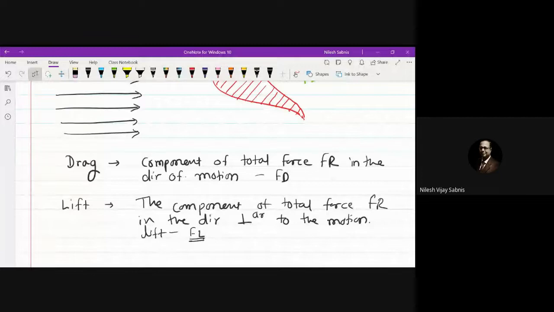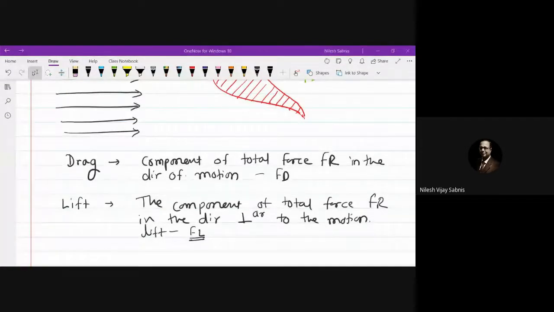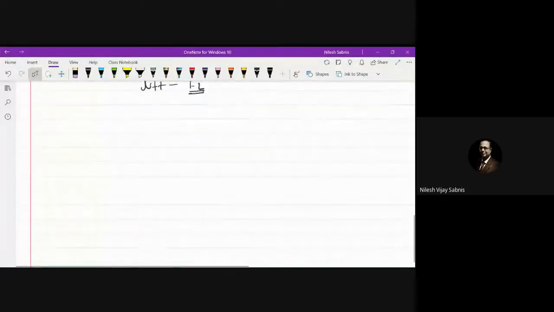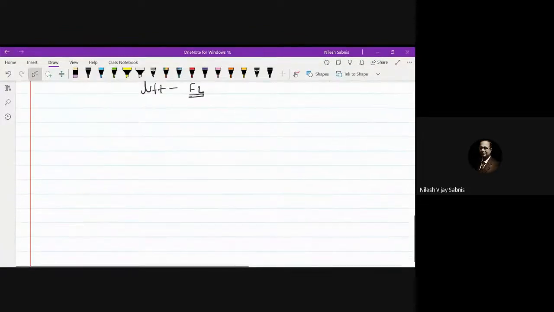So is it clear what is meant by lift, what is meant by drag? Is it clear?